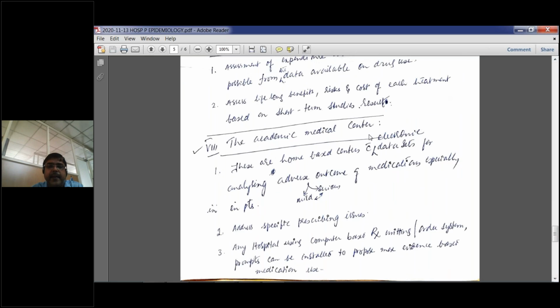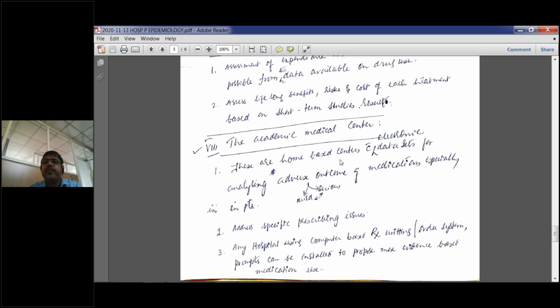The next one is the academic medical center. See, these are home-based centers in European countries. These are called home-based centers because the houses are located very far from the city, sometimes in remote places. But it doesn't mean that they are cut off from the government or any other authorities.